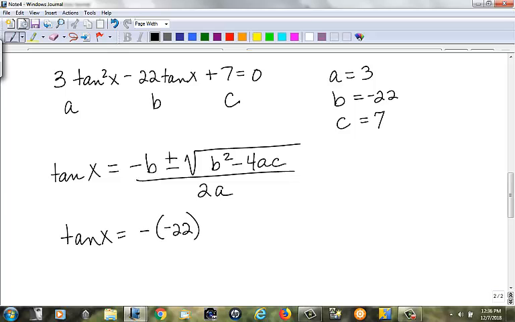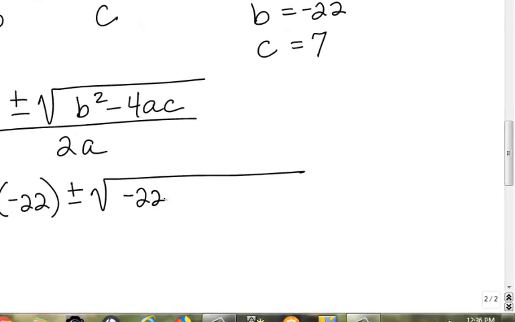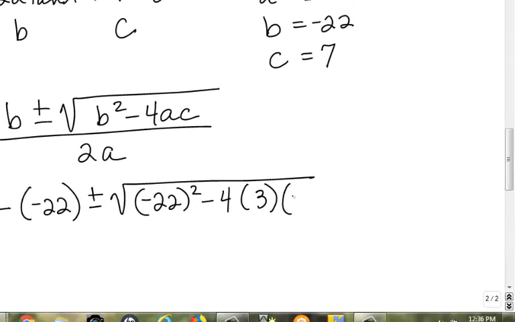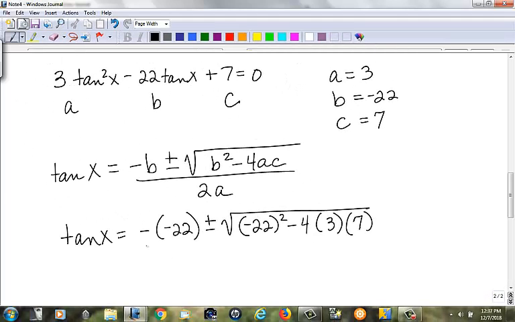I don't do any simplifying. I just sub in first, and then I simplify. And then it's a negative 22. Be very careful on this. If you do this on the calculator, you have to have parentheses around the negative 22, minus 4. The a is 3. The c is 7. Double check me. You agree with that? And it's all over 2 times 3.